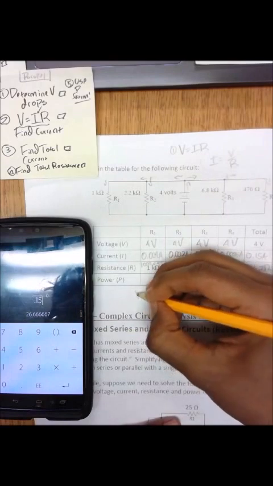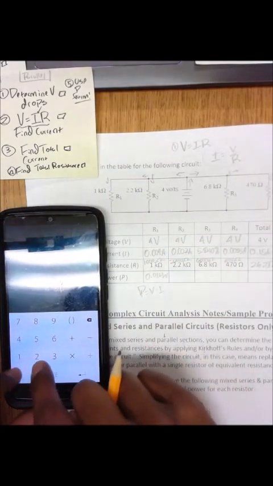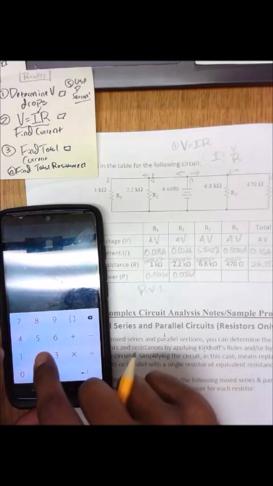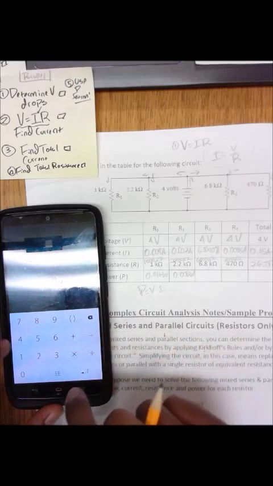And then finally, for the power, we do the same thing. P is equal to V times I, so we're multiplying these two numbers. 4 times 0.004. 4 times 0.002. 4 times 5.8 e to the negative 4.